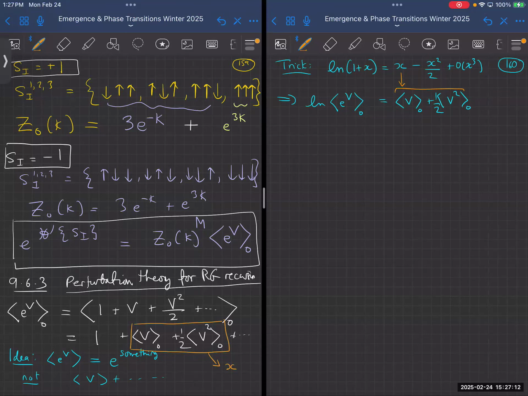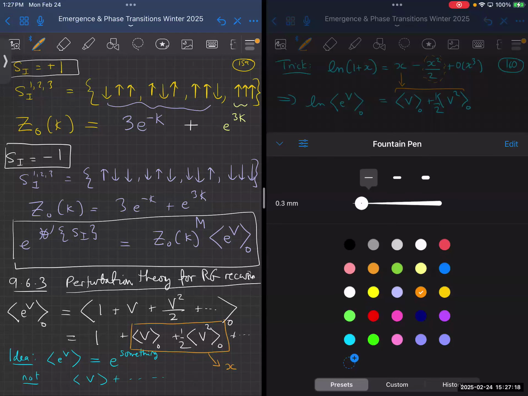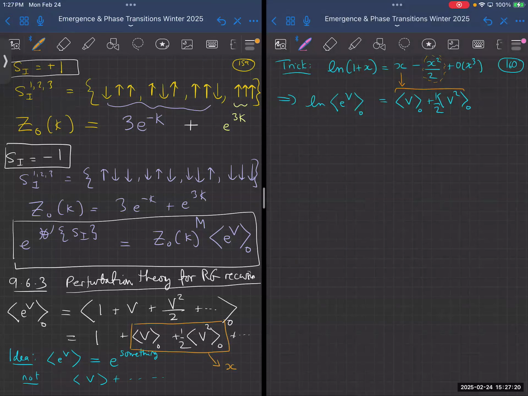But then I also have this term over here, and this term is going to give me an extra term, which is minus 1/2 the expectation of v squared.